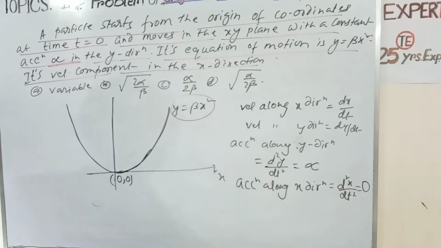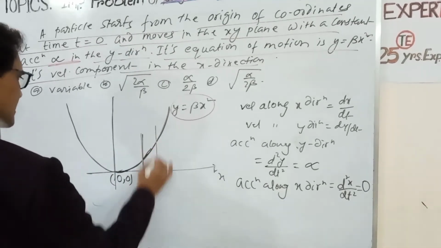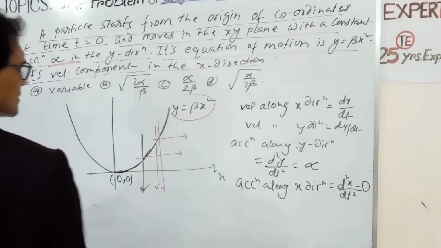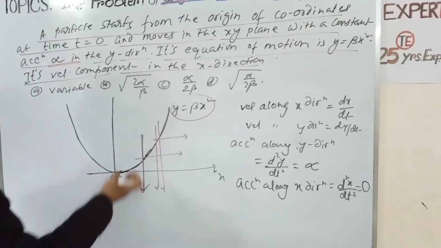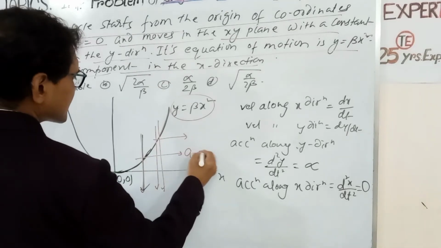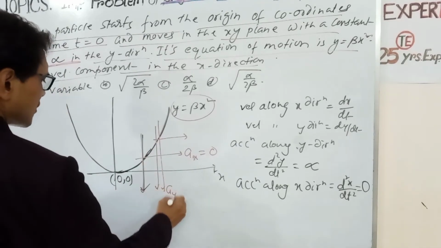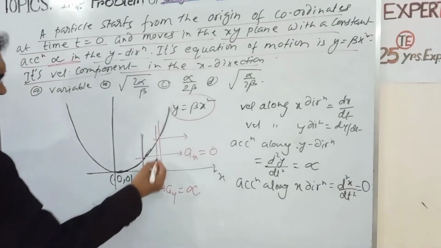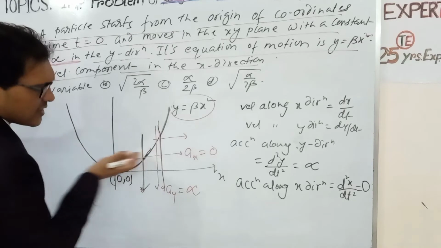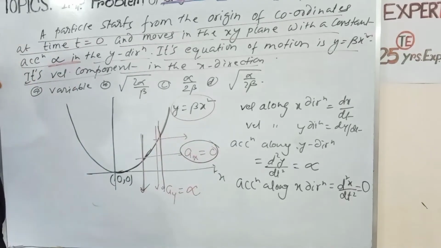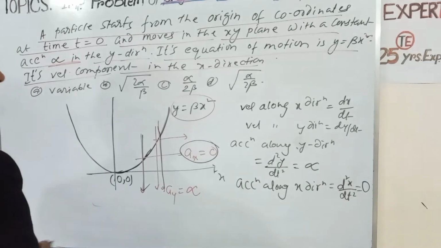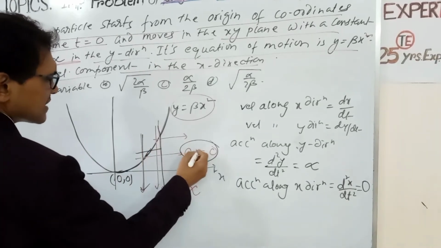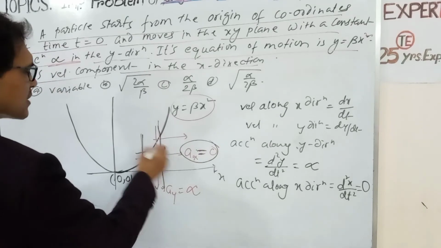Here acceleration always acts in the vertical direction, and the horizontal velocity remains constant, and horizontal acceleration is 0. So horizontal acceleration becomes 0, and acceleration ay is alpha. This is given. Since the acceleration is completely vertical, its horizontal component is 0, so the velocity along this direction remains constant.